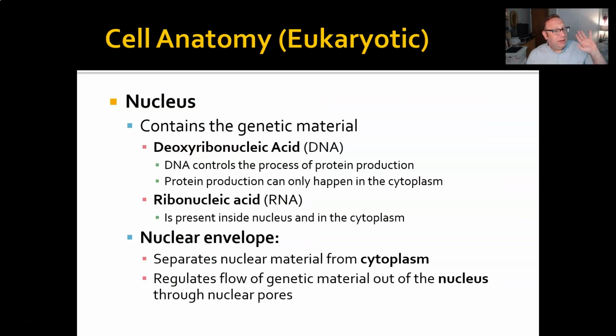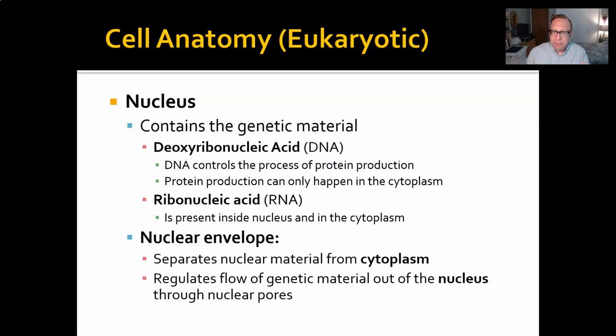The interior of the cell is composed of a number of different structures that are important. The first is that central sac containing the DNA. That's called the nucleus. It keeps the genetic material safe, like I said before, and it contains DNA, which is deoxyribonucleic acid.